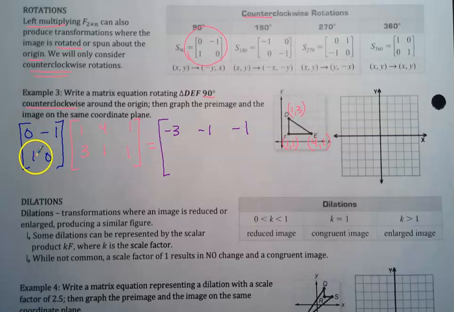Next one, 1 times 1 is 1, plus 0, so we have 1. 1 times 4 is 4, plus 0 is 4. And 1 times 1 is 1, plus 0 times 1 is 0, so this is 1.